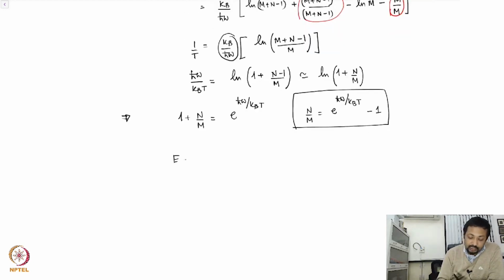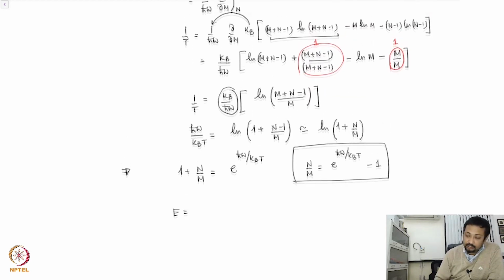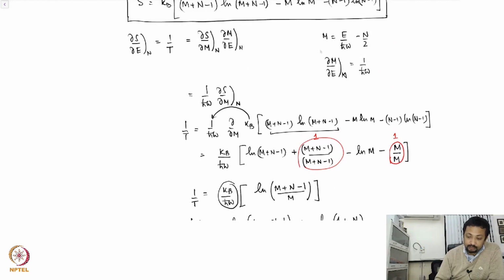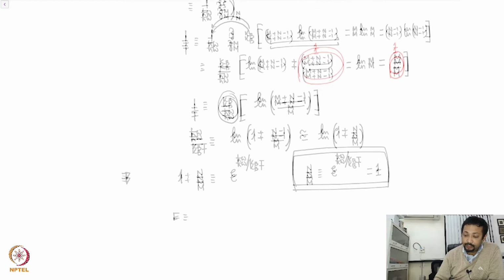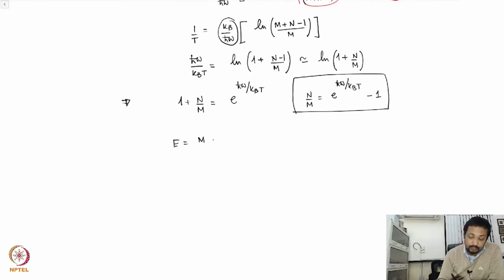Now, E, where did we write that? We take this expression. E is going to be m plus n by 2 times h bar omega. If we take n constant common and outside, this becomes half plus m by n.